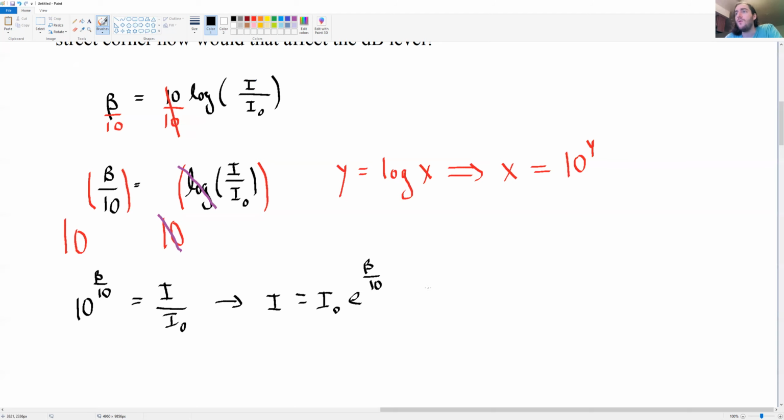Okay, so now we can plug everything into the right-hand side because what we're looking for is the left-hand side, right? So this is what we want to know right here. And we know this guy right here, the beta, is 72 decibels, right? And we know that the threshold of hearing, which is just some constant, 1 times 10 to the minus 12 watts per meter squared.